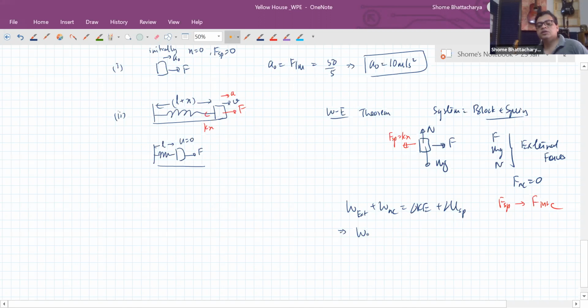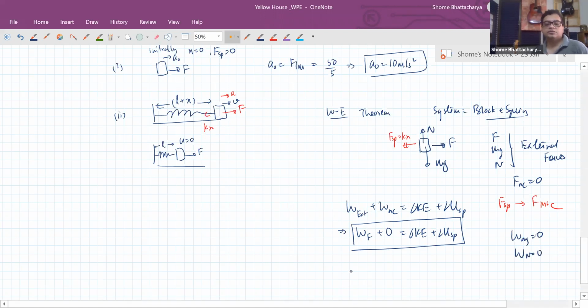So this will become work done by F. This will be the application of the work energy theorem, because work done by mg is 0 and work done by normal reaction is 0. Apply this over here. This was the initial state. This is the state after some time.